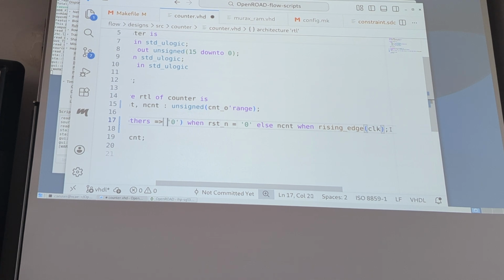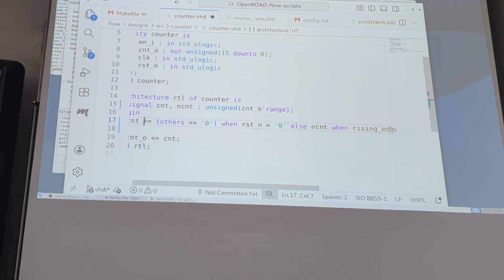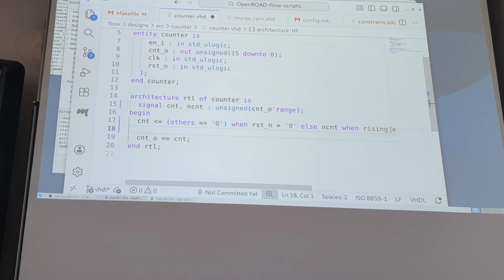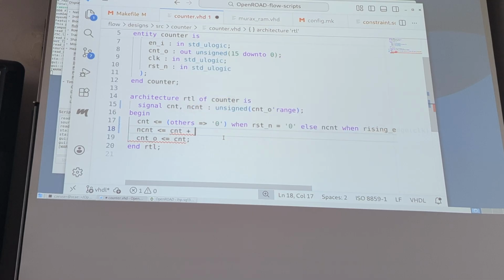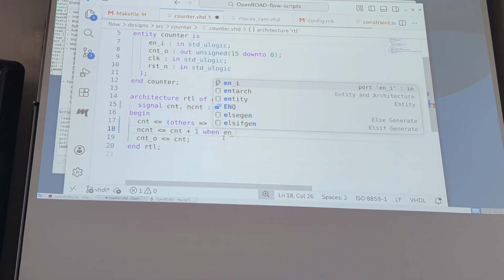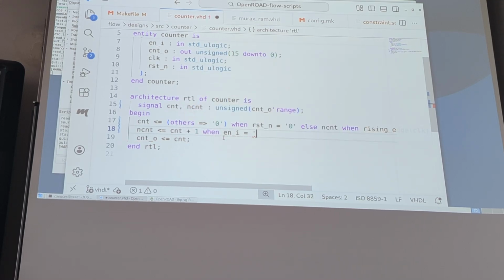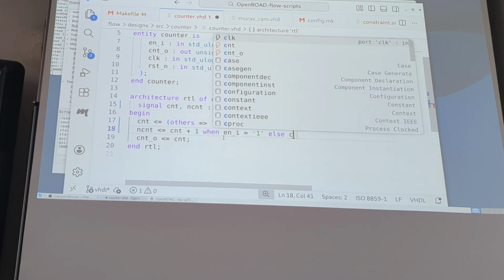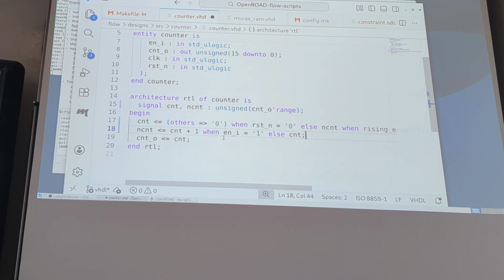This is the classic register description, and now we put the next state logic in. The next count is count plus 1 when enable y is 1, and else it's count.